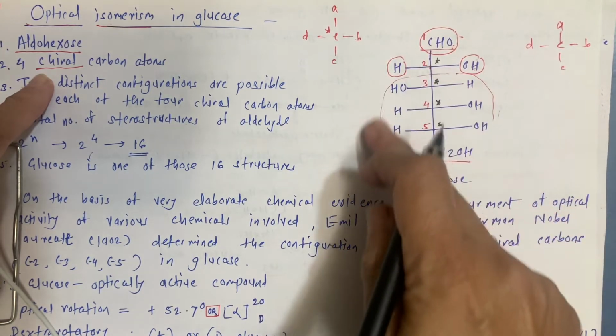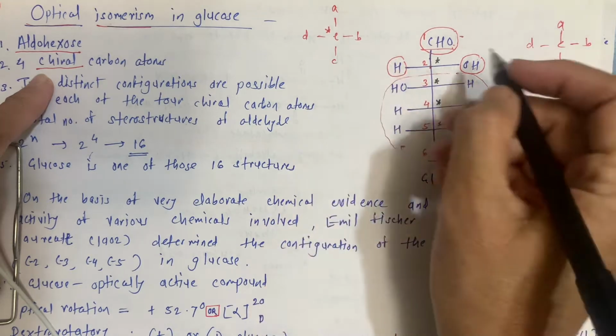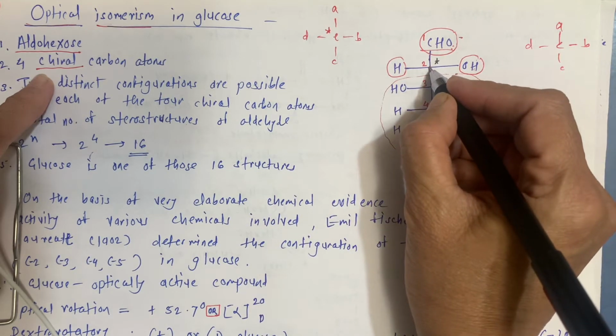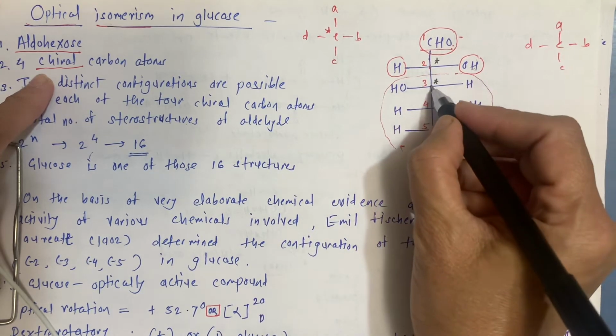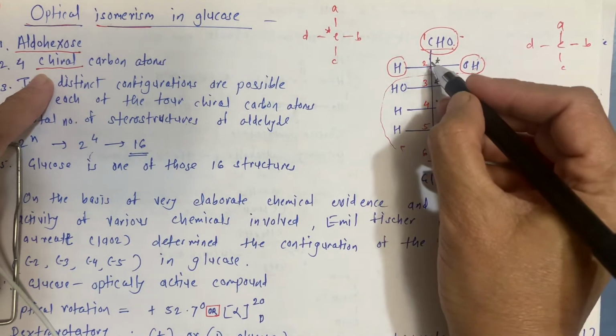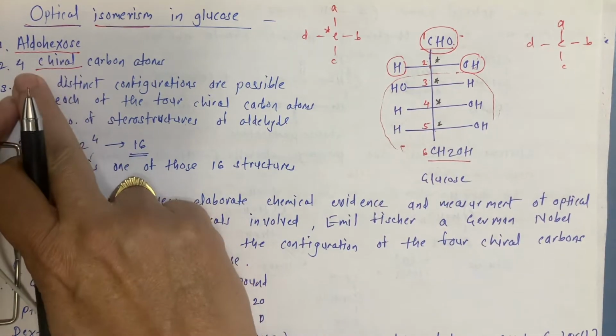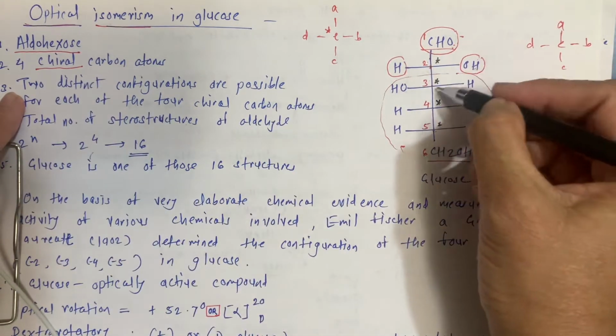A, B, C, the whole group is C, and then D. So this is our chiral carbon. Similarly here, again with this C and again with this C, so total 1, 2, 3, 4 chiral carbon atoms. So 4 chiral carbon atoms are present here.